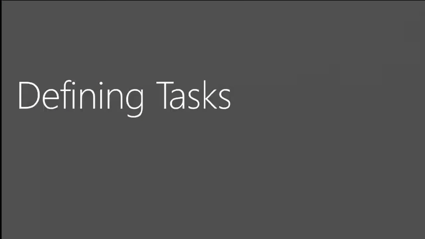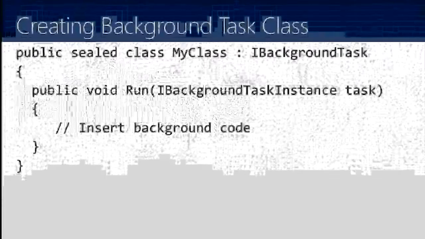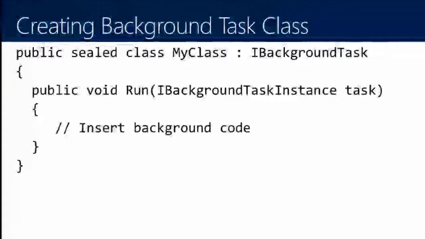So when you're defining tasks, you're using the IBackgroundTask interface. You will notice that all your classes have to be sealed, and this is a function of the Windows runtime component. All the classes in that library have to be sealed, or it will not compile.